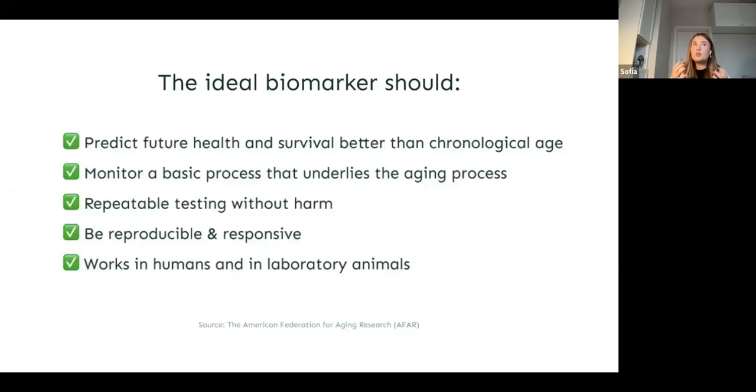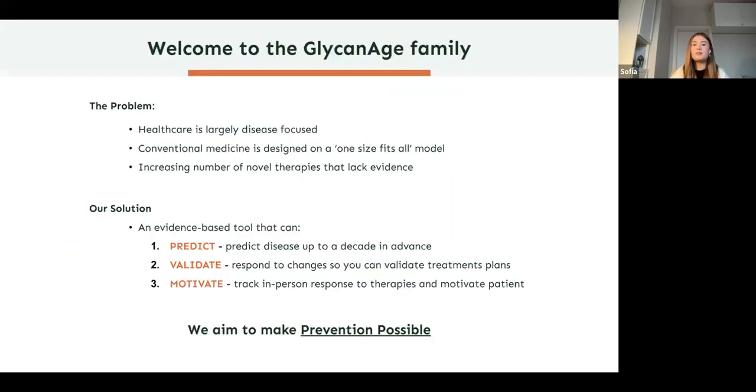We want to be able to retest the biomarker without any harm to the patient. And we want it to be reproducible, responsive, and finally, we want it to work both in humans and in laboratory animals, because we want to test the effect of different interventions first on animals and then obviously on humans.